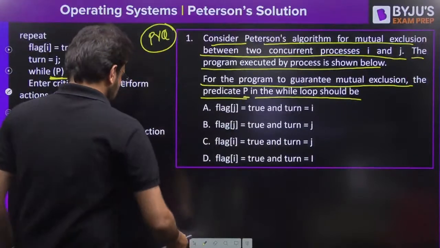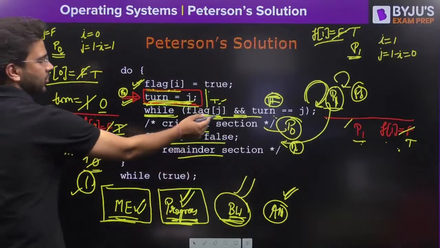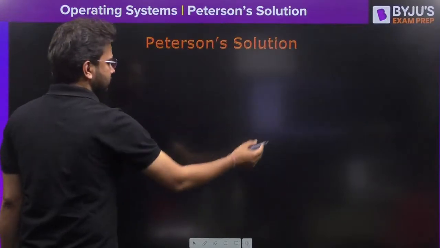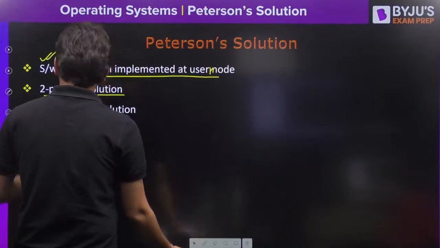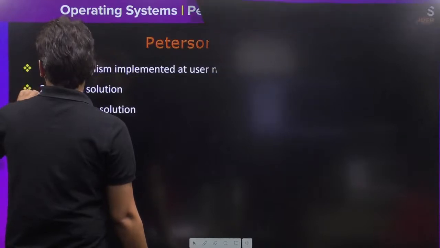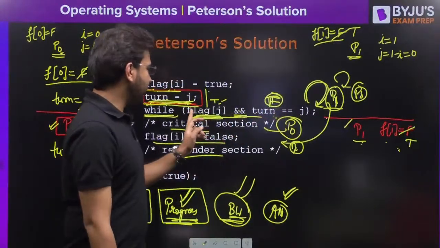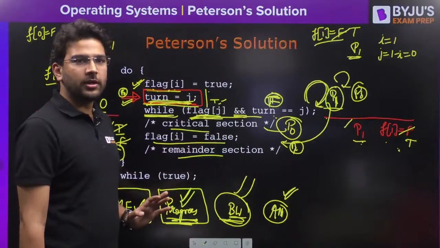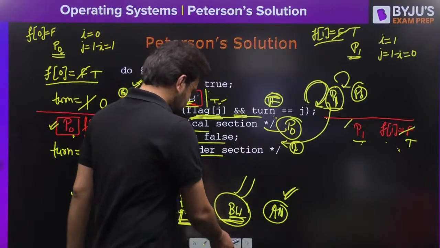Yes or no? You can see here also, flag[J] is equal to true or not, turn is equal to J or not. Clear? Yes, I got it, Ikra.